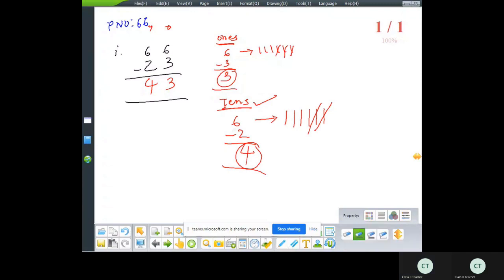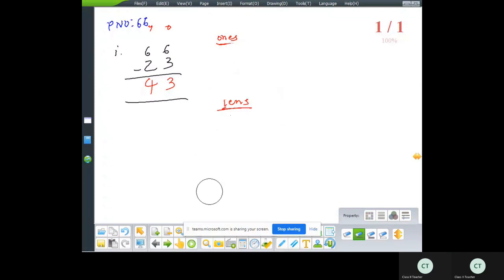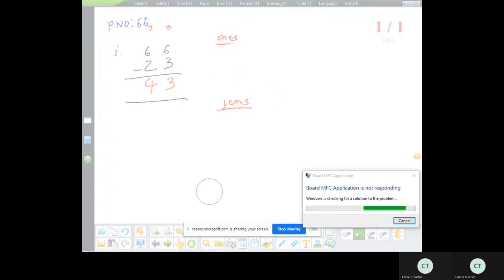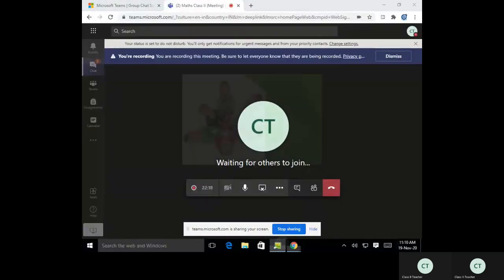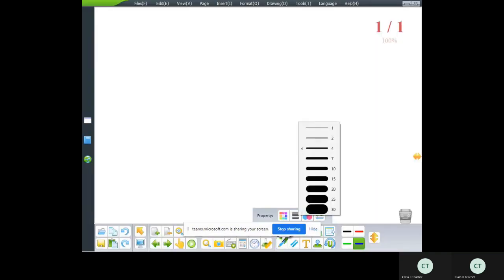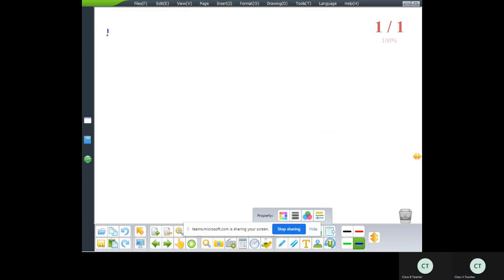Now question J1. Page number 66, question J1. 97 minus 41.